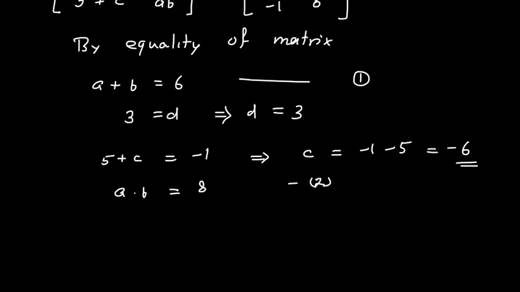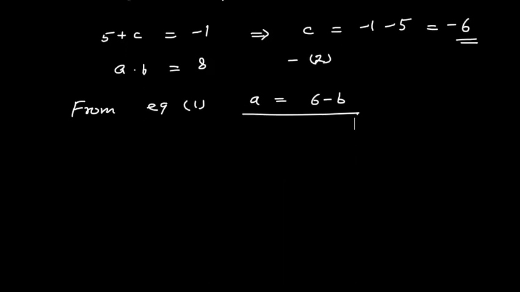So what we do, we can say that from equation 1 we can find the value of a, which is 6 minus b. Okay, now put this value in equation 2. So put a is equal to 6 minus b in equation 2.